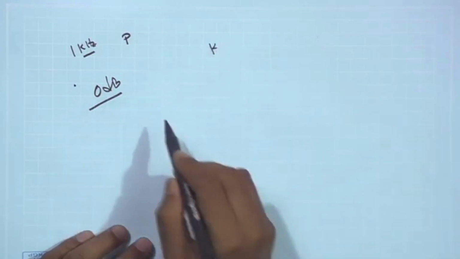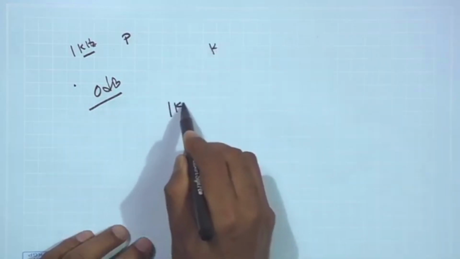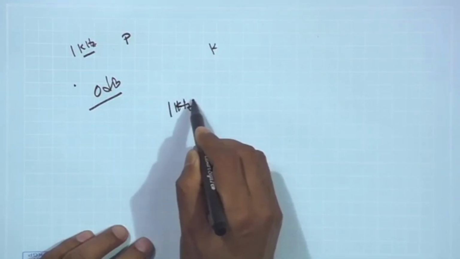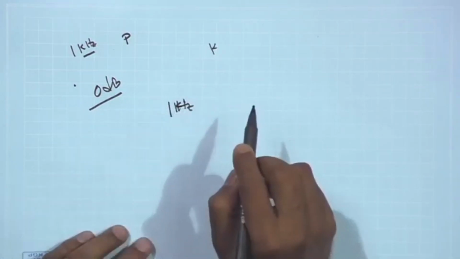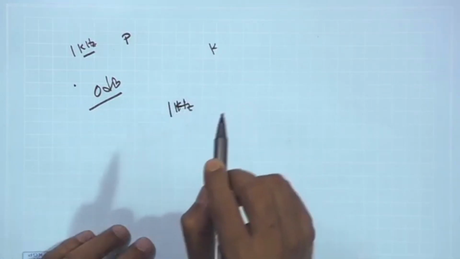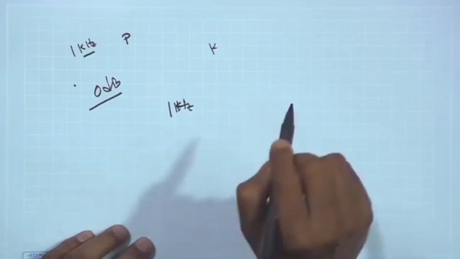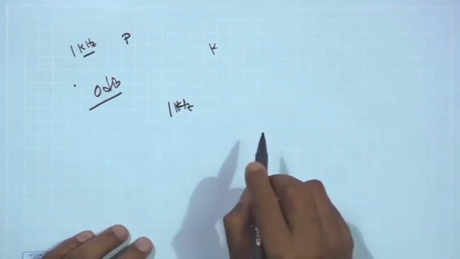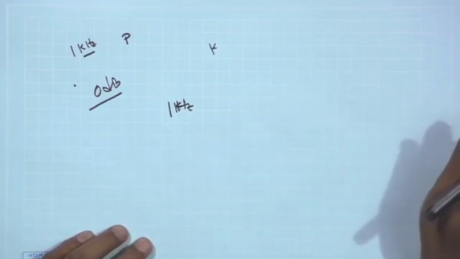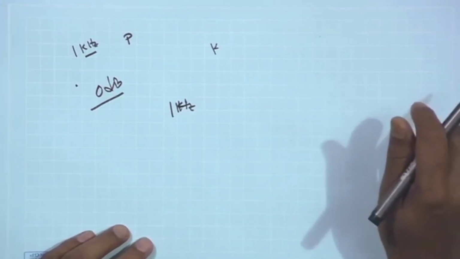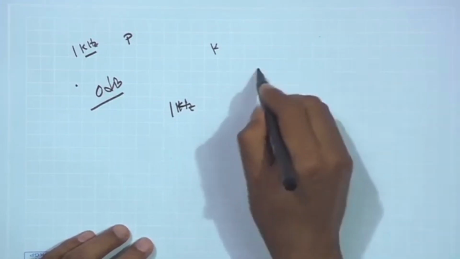So, for a 1 kilohertz acoustical signal or monotone, the amount of intensity required to create the sensation in the human ear is called 0 dB.